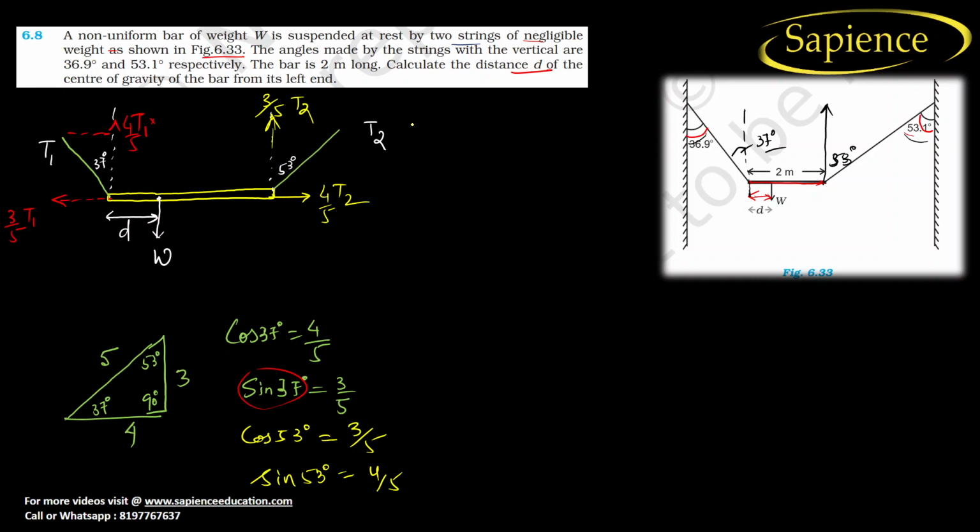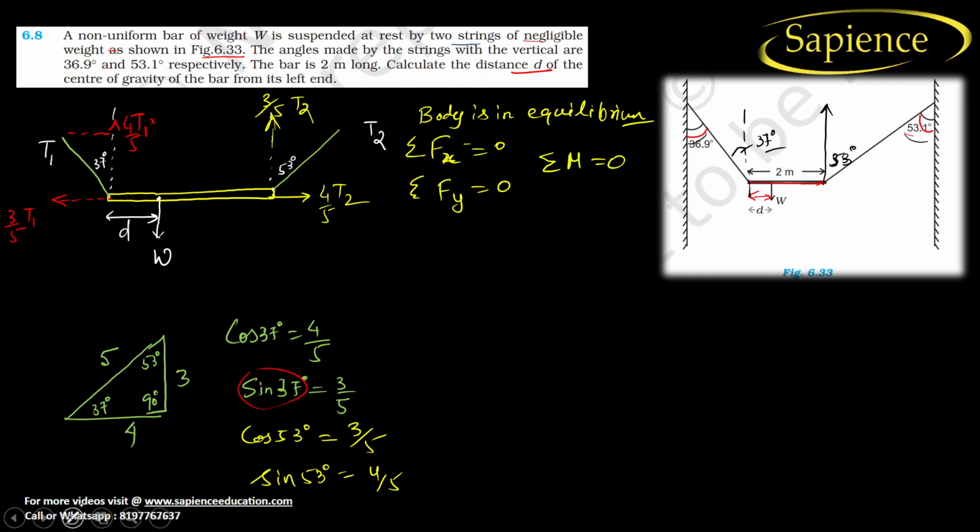Now the whole body is in equilibrium. So it means that the net force in the horizontal as well as vertical direction is zero, that is the sum of forces in the x direction is zero, the sum of forces in the y direction is zero, and the sum of moments is zero.